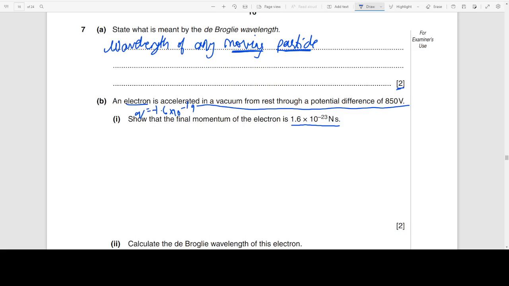We know voltage is work done per unit charge, so work done is Q delta V. So energy is 1.6 into 10 raised to minus 19 multiplied by 850, because I'm using this E equals QV. So we get energy as 1.36 into 10 raised to minus 16.